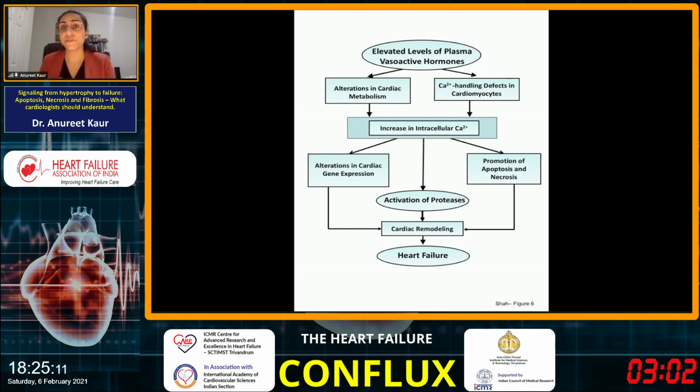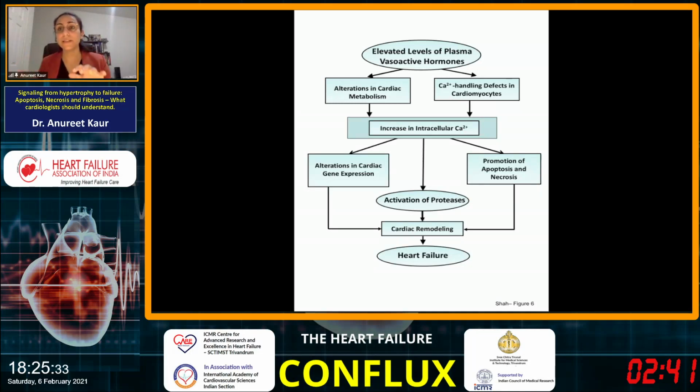And then of course we have calcium handling defects because of the pumps, the sodium potassium ATPase and the sodium calcium pumps. Also, because of the increased vasoactive hormones, receptors are activated, and that causes an increase in flux of calcium inside the cell.